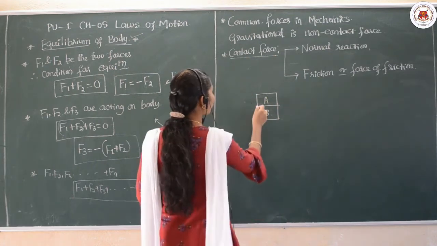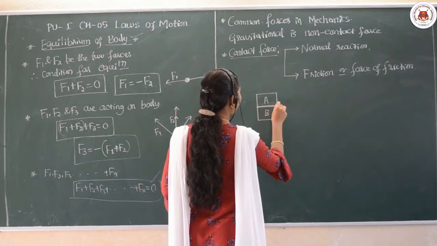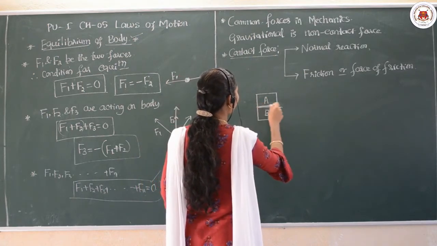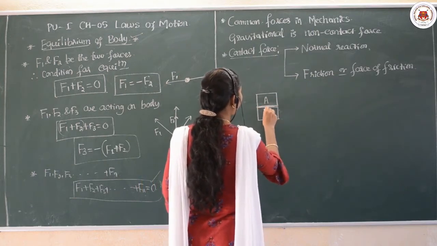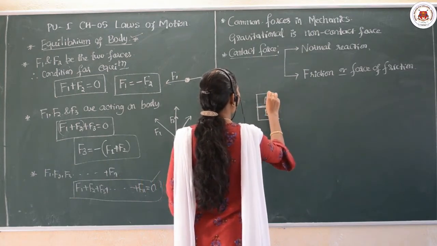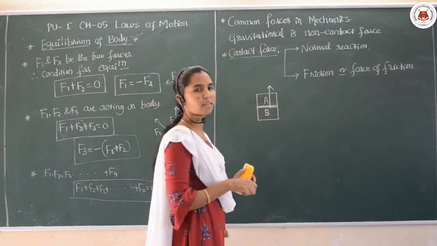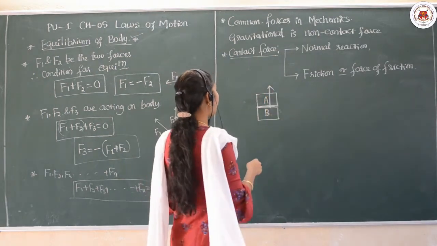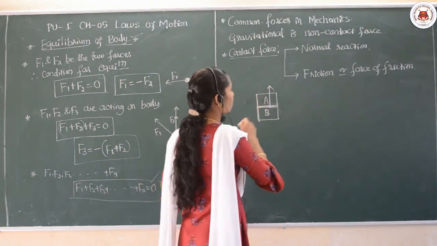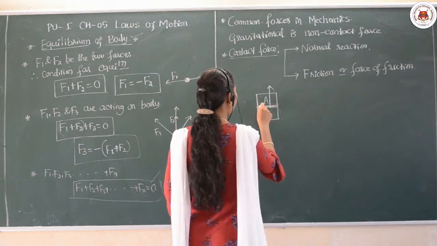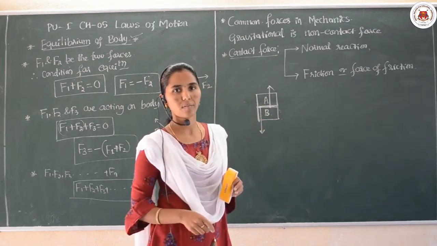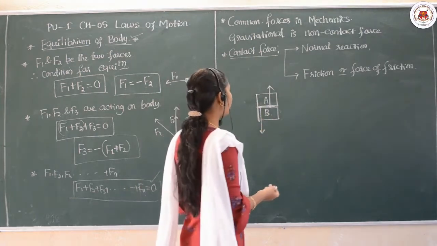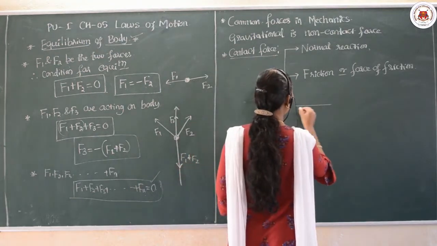And when both the bodies are kept in contact, you can see here, the body B exerts an upward force on the body A, right? And according to Newton's third law of motion, the body A also exerts a force in the downward direction, isn't it?